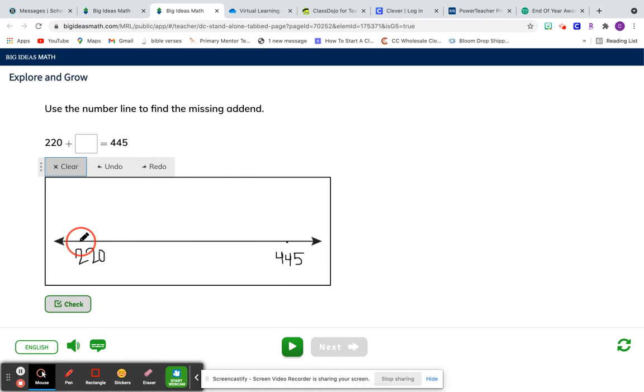So 220 plus 100 would be 320. Plus 100 more would be 420.